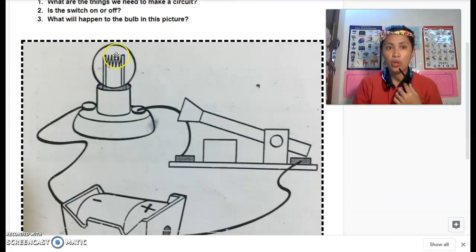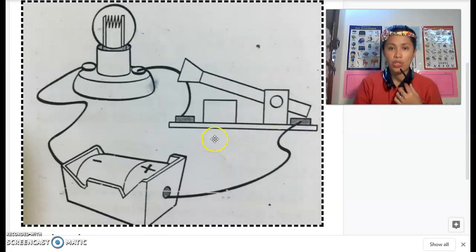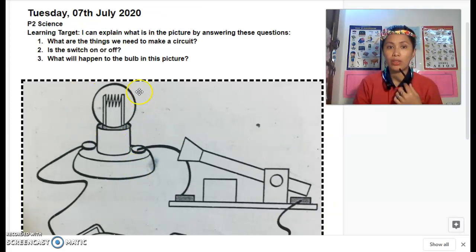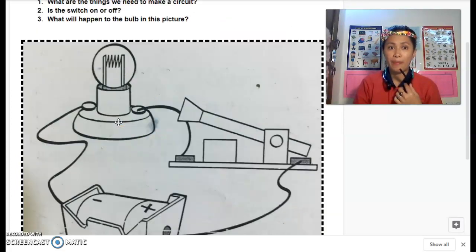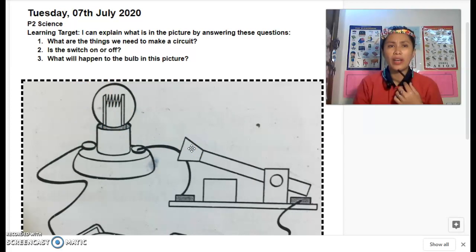And then, is the switch on or off? If the switch is off, then the electricity cannot flow, and the circuit or this light bulb will not turn on.